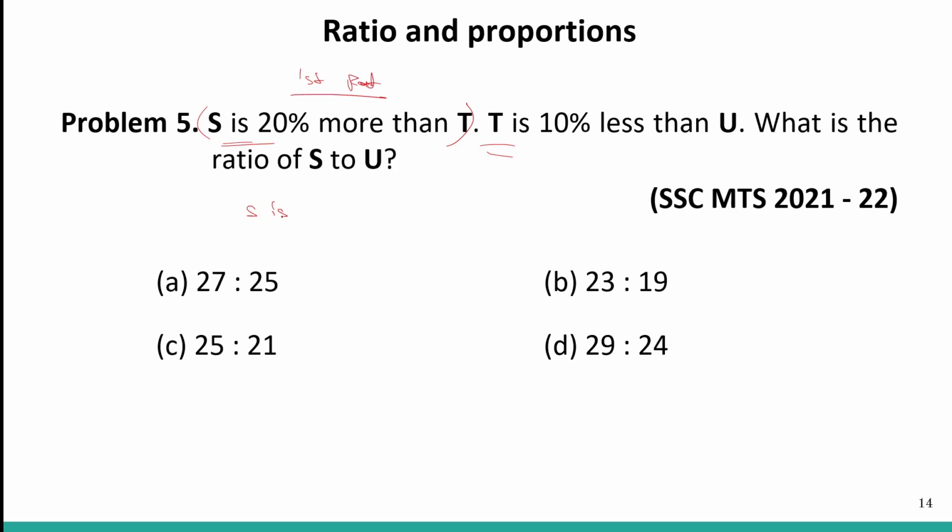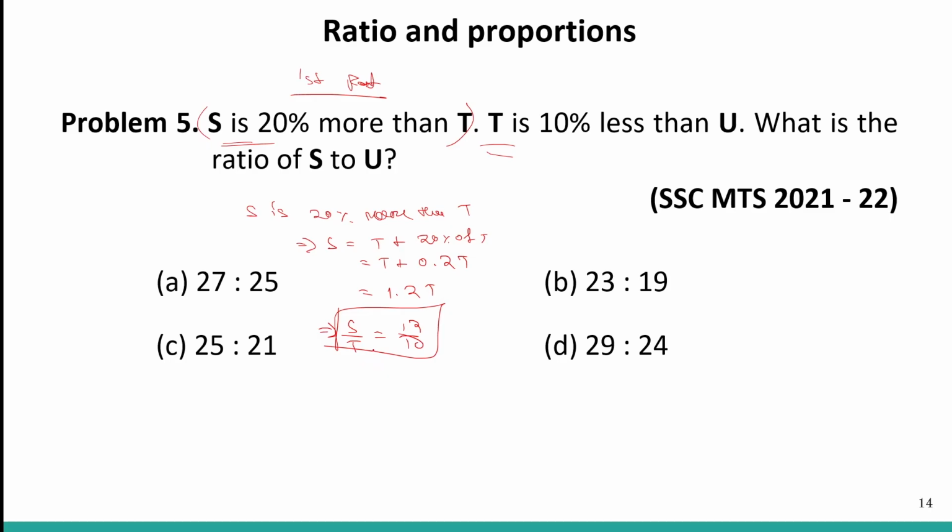So S is 20% more than T. So this implies what? S is equal to T plus 20% of T, that is equal to T plus 0.2T, which is equal to 1.2T. So this implies that S by T is equal to 12 by 10, right? So this is the first ratio that we got from the first sub-word problem.